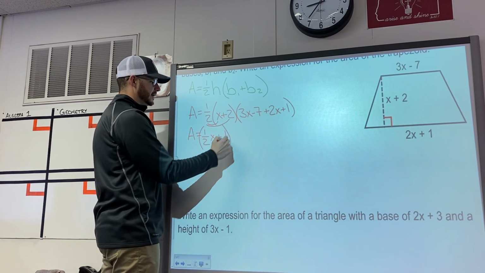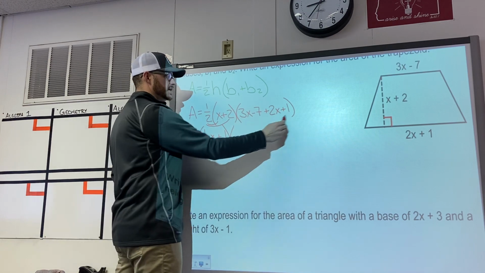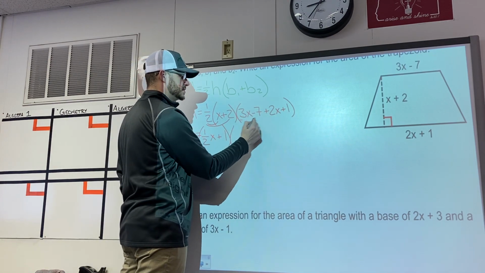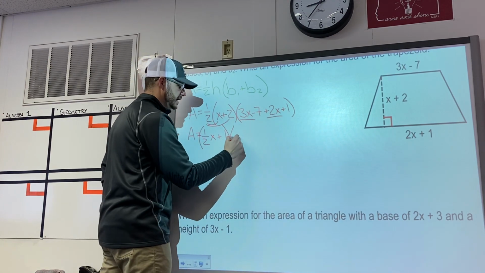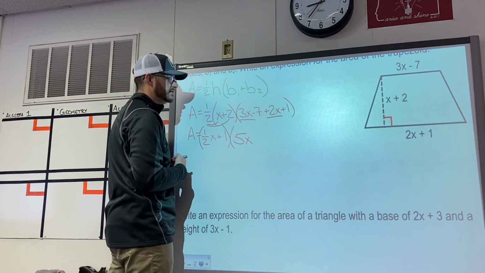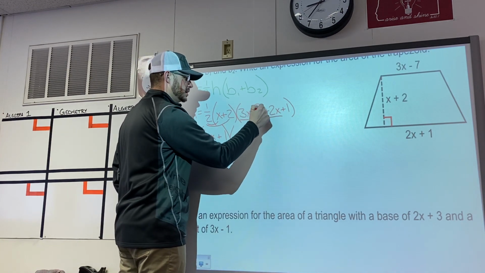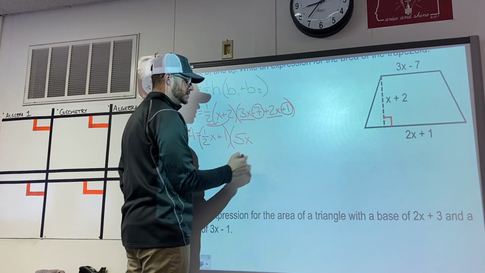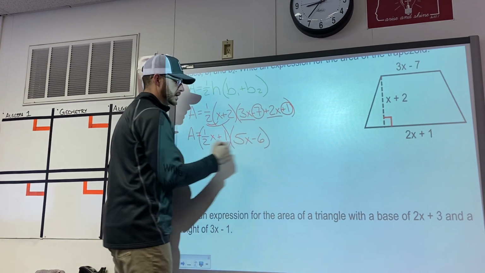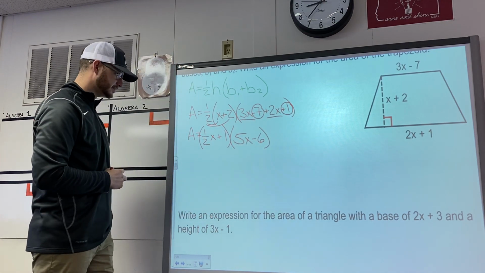I'm going to put that in parentheses. Then over in this one, I'm going to combine my like terms. So 3x plus 2x gives me 5x. Negative 7 plus 1 gives me negative 6.